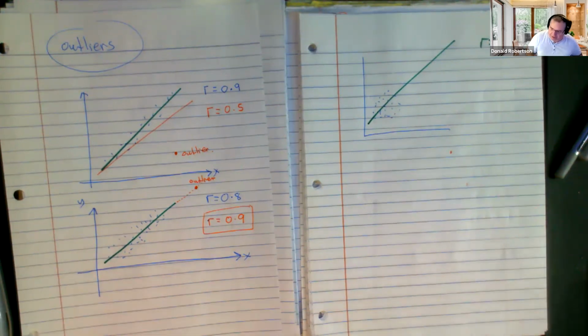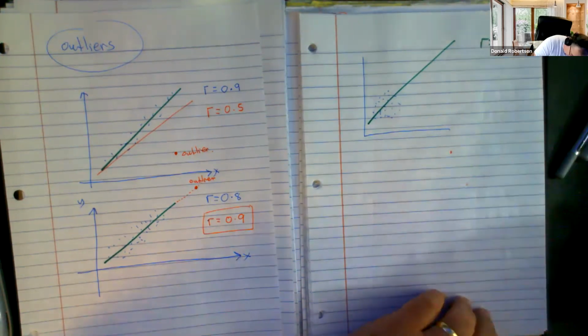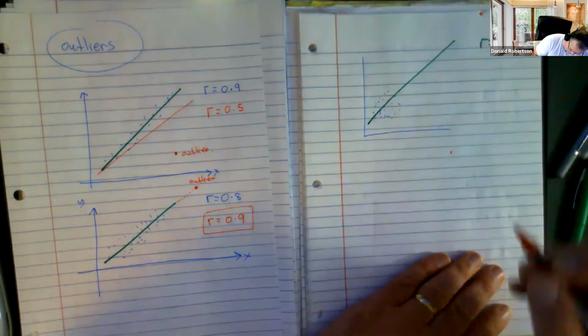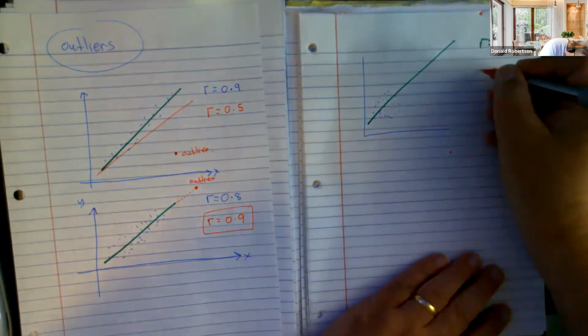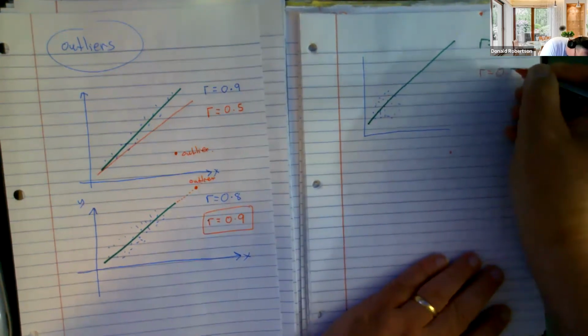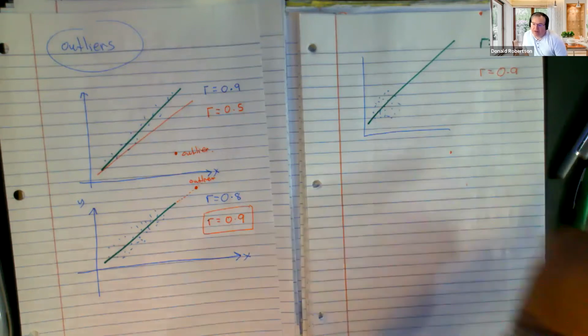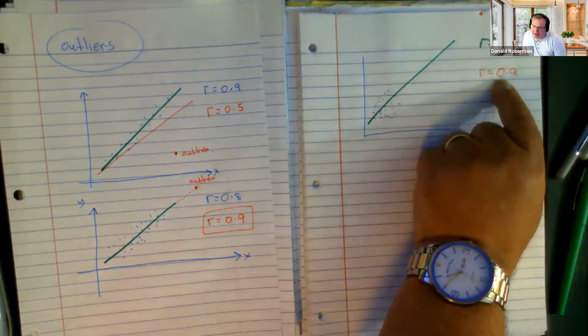Not a lot happening here, right? 0.12. If my outlier was here, the correlation coefficient could be 0.9. Moral of that story is outliers are bad. Outliers distort the truth. They make things look much better fit than they really do.